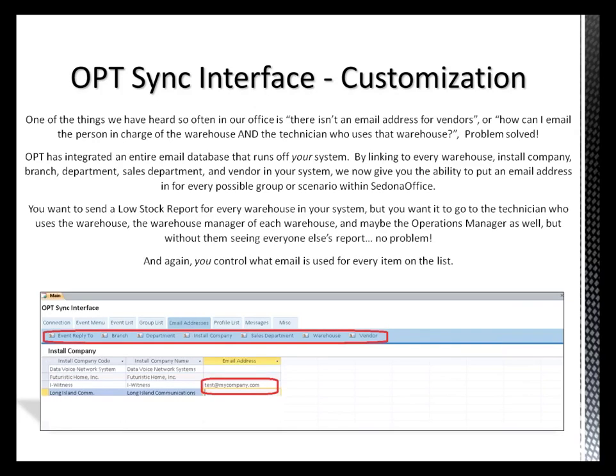However, through our interface, you can assign an email address, and then those reports that are relevant to those particular entities can go out. So if you have a report that goes out to the warehouse manager, you can assign that directly here. Or if you need a PO notification to go out to the specific vendor, we can choose vendor and assign a default email address for that vendor.